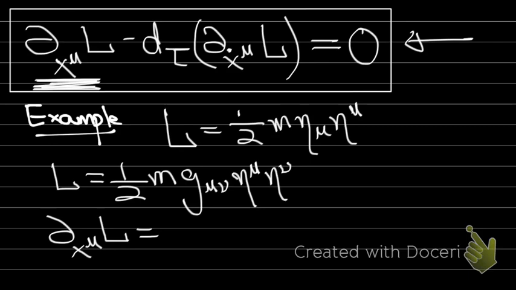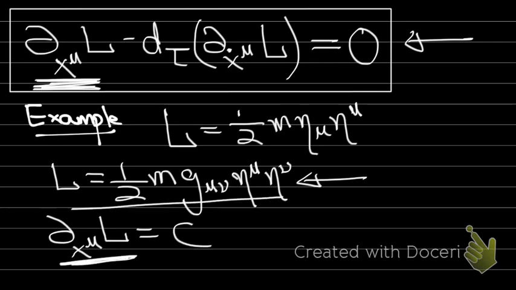And x mu is the position coordinate, and eta mu or eta nu is the proper velocity coordinate. So we don't have the position coordinate in the Lagrangian over here, so this derivative would be 0. Now the next step would be to compute this term over here, keeping in mind that we're doing it for this Lagrangian.